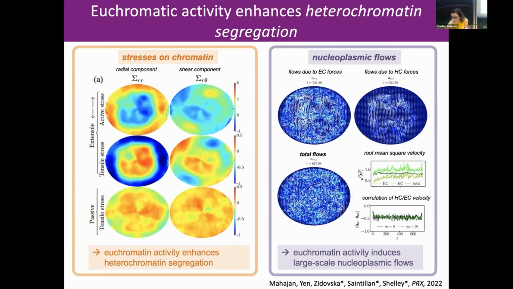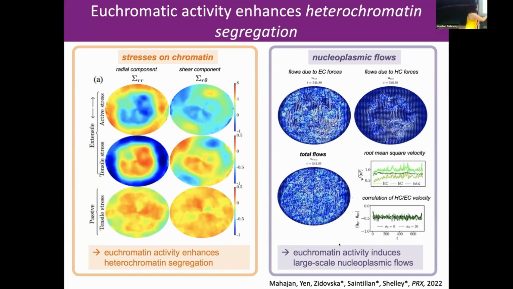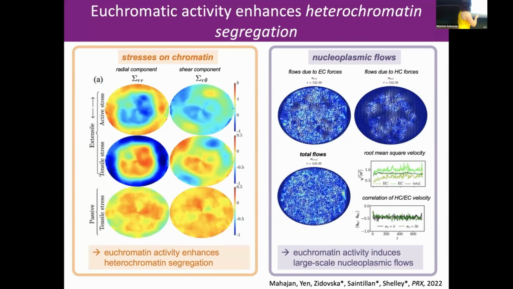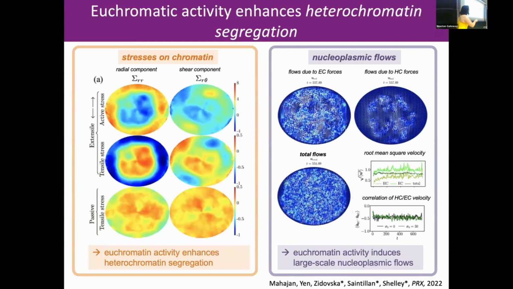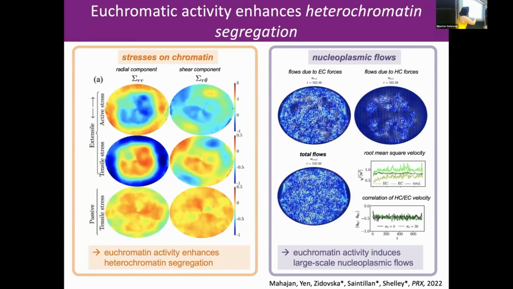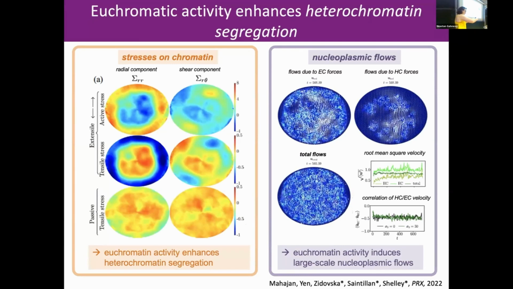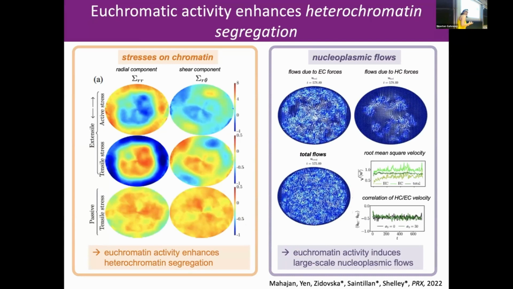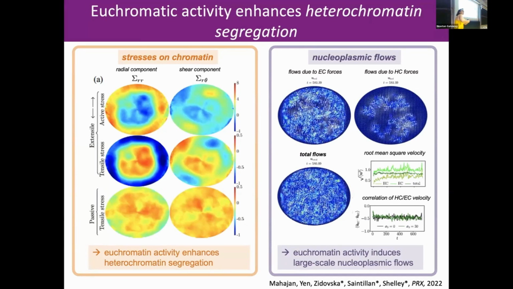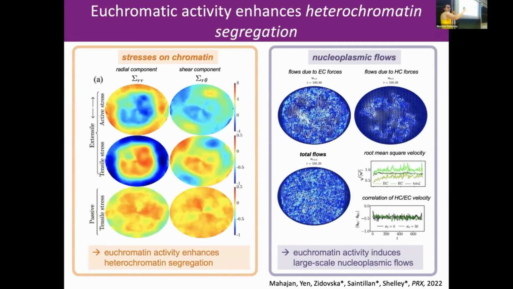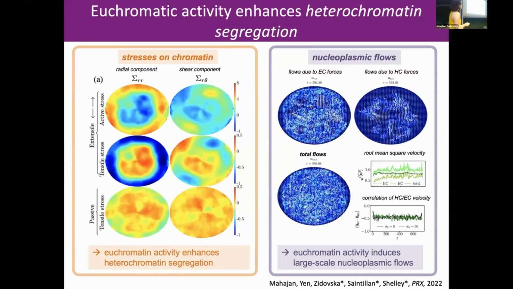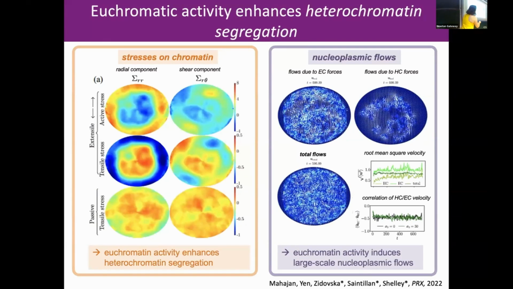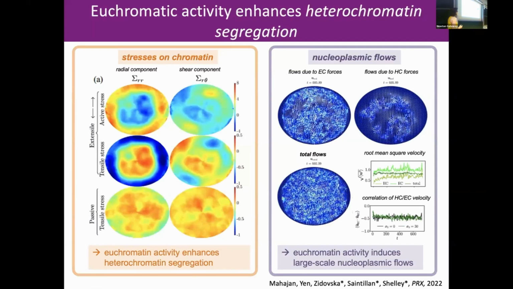These are flows due to euchromatin forces. These are flows due to heterochromatin. We call it forces, but what it is, it's this elastic recoil as the heterochromatin is being pushed and tested there by the flows coming from outside from the euchromatin. And here you have plotted the total flows.